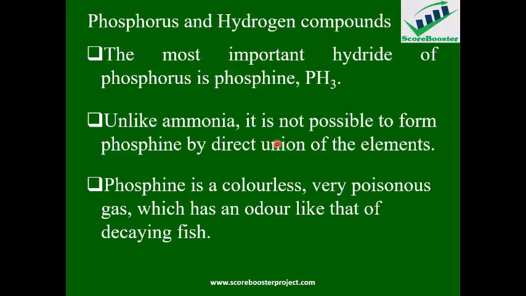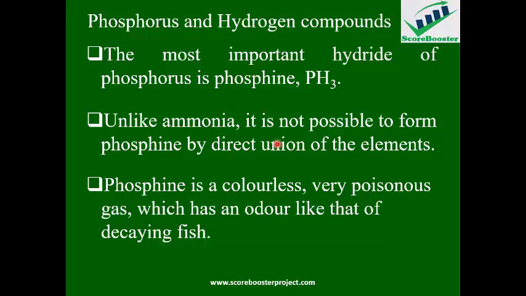So let's go to other compounds. In this case we now talk about phosphorus. There are many compounds that contain hydrogen and phosphorus, but the most important one is the one we're going to talk about now, phosphine.